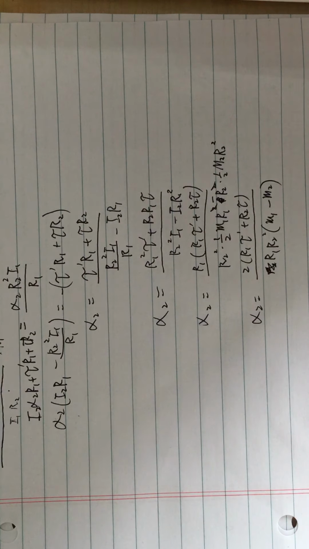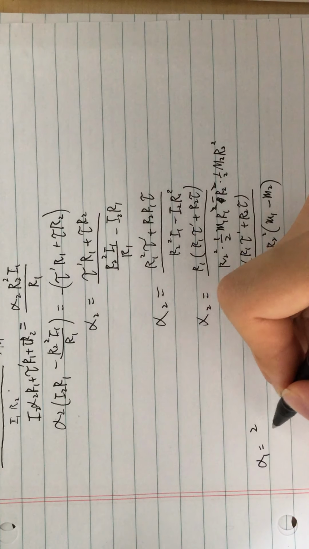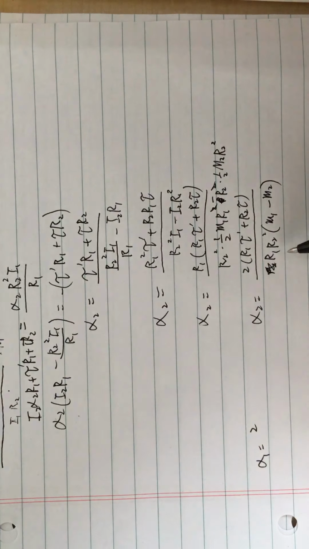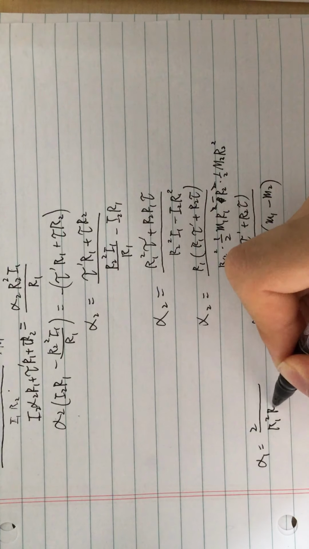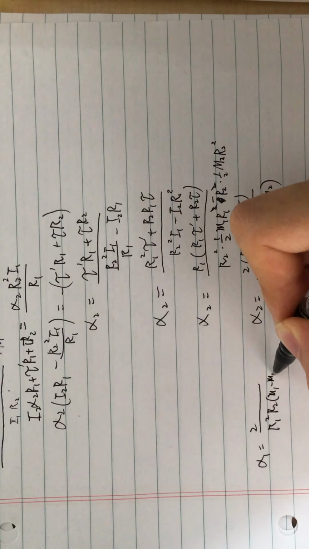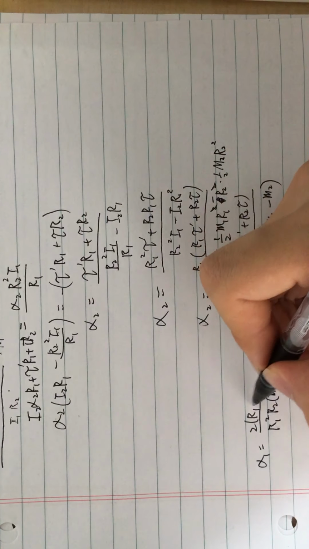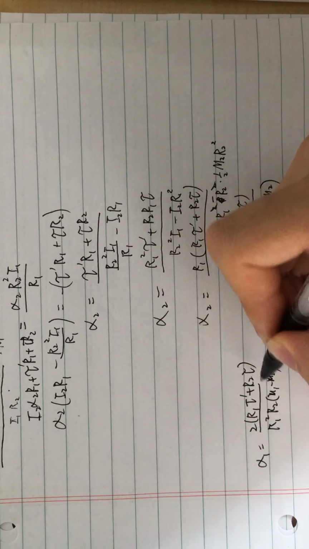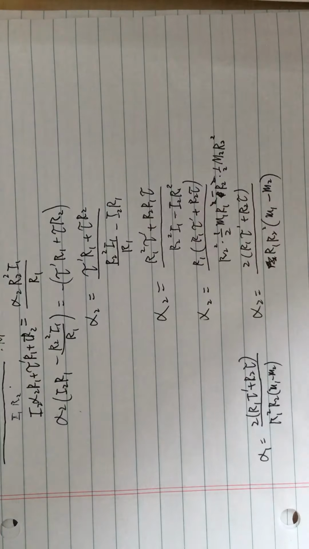So alpha 1 is simply equal to 2 times alpha 2, with the m1 minus m2 term times R1 plus R2 times this. That's our final solution.